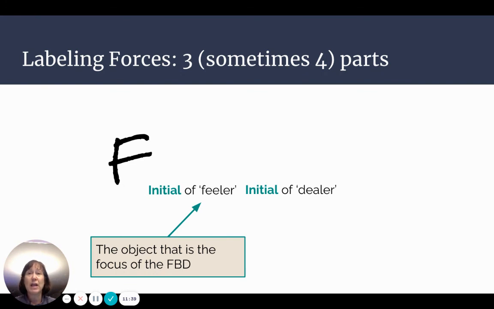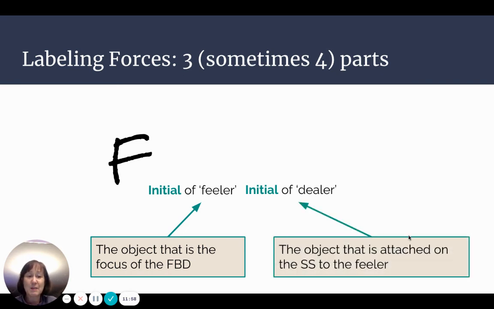If I'm doing a free body diagram for a table that is sitting on the floor, then this initial would be F for floor. First initial T for table, second initial F for floor. This is the object that is attached on the system schema to the feeler. So you just look on your system schema.